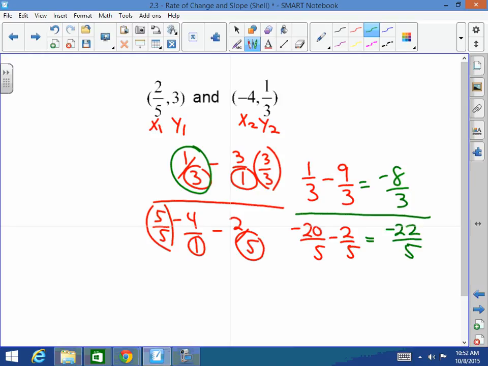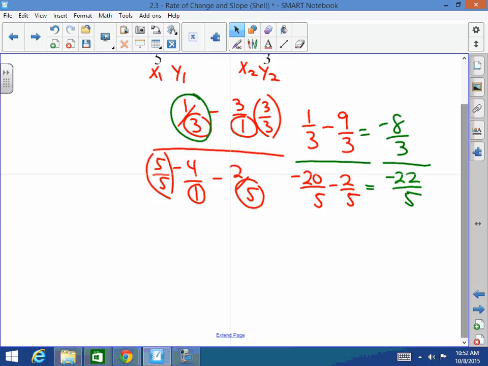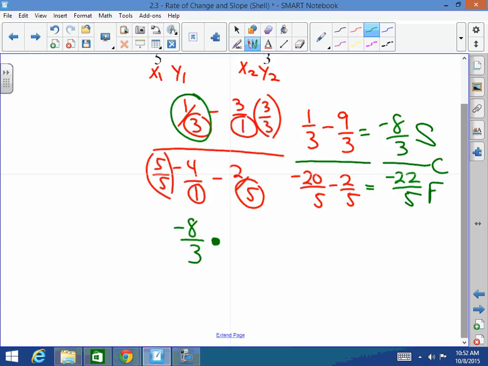When you're dividing fractions, gentlemen, the first fraction stays the same. So stay, negative 8/3. Division changes to multiplication. Change. And the second fraction flips. Stay, change, flip.